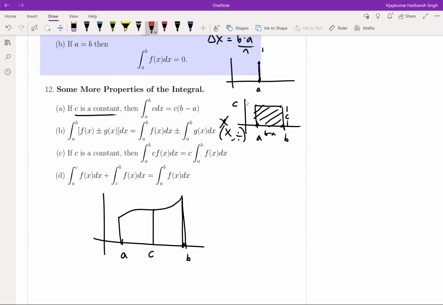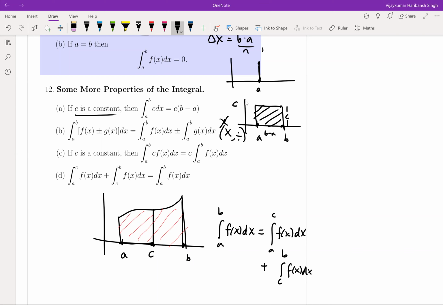Then the integral from a to b of f(x) dx is the same as the integral from a to c of f(x) dx plus the integral from c to b of f(x) dx. Essentially, you're taking a break in between. You first compute this one, and then you add it with this one.